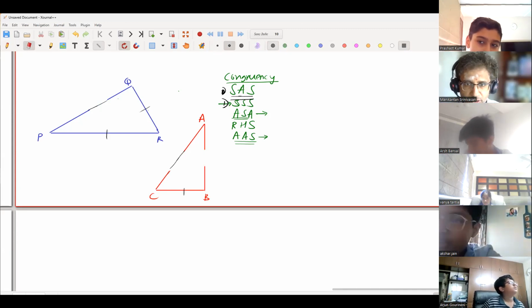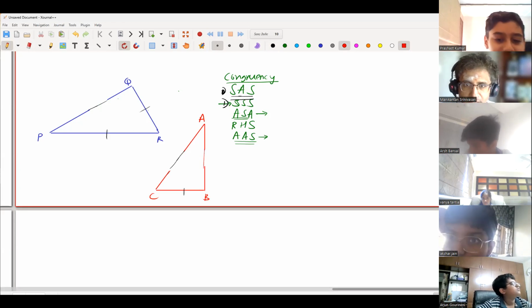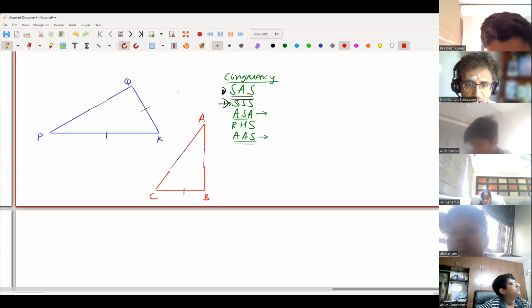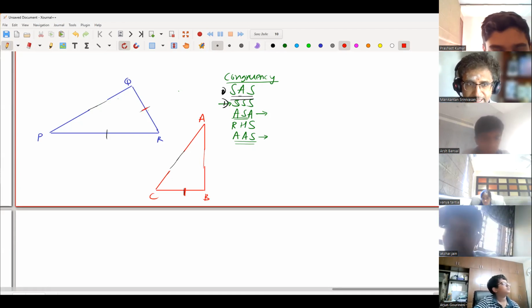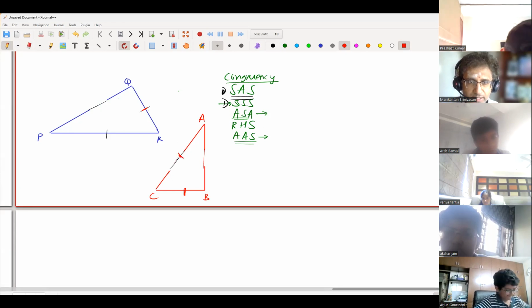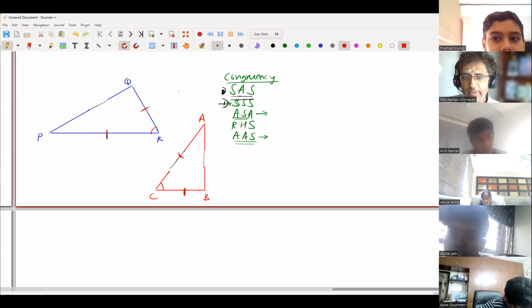I'll just erase this portion. Let's say QR is given equal to BC and PR is given equal to AC, and this angle is given to be equal to this angle. Angle C is given to be equal to angle R.